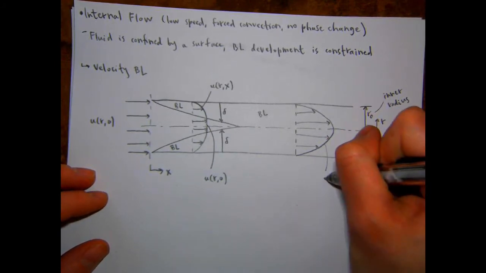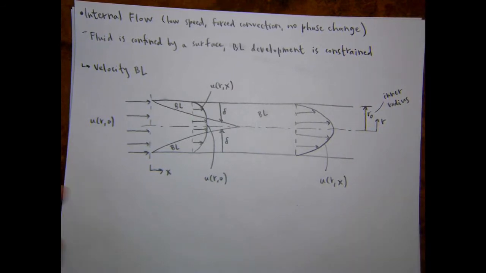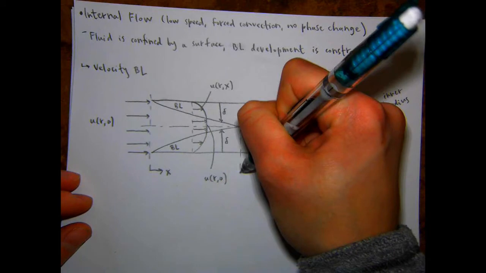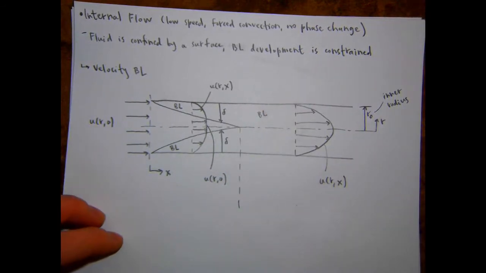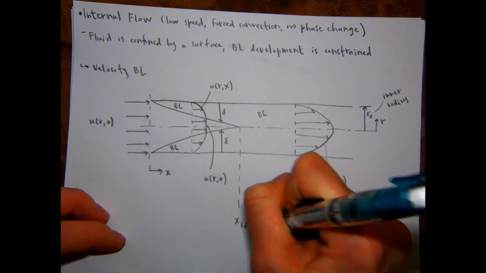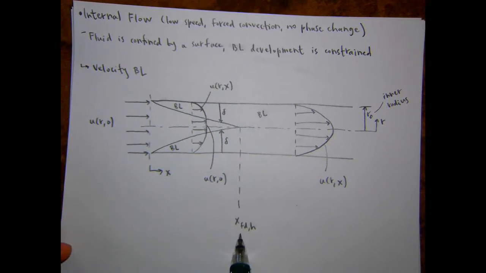So here the entire velocity profile is some function of r and x. And this point where the boundary layers merge is a very important location. We call this x_fd,h, so that stands for fully developed for the hydrodynamic boundary layer.